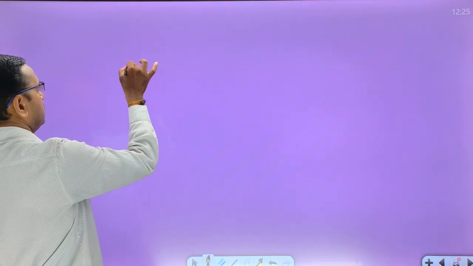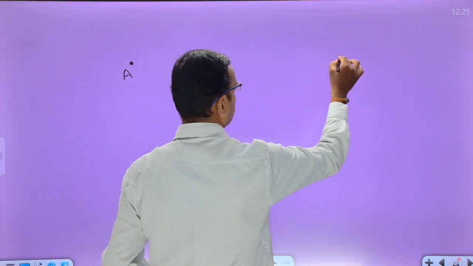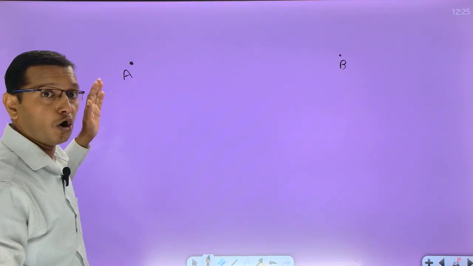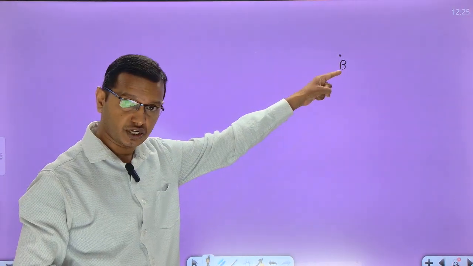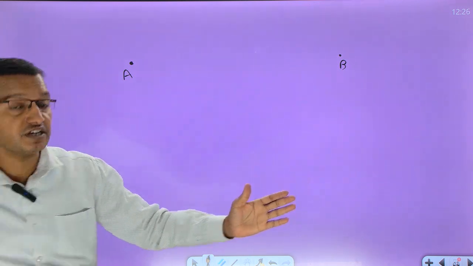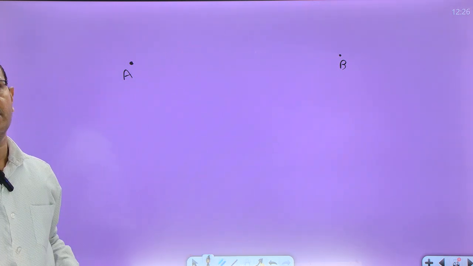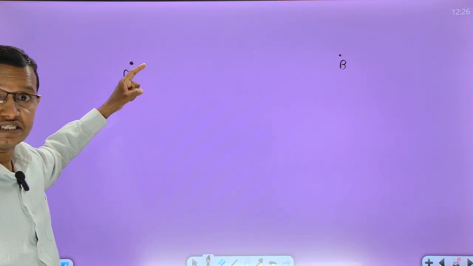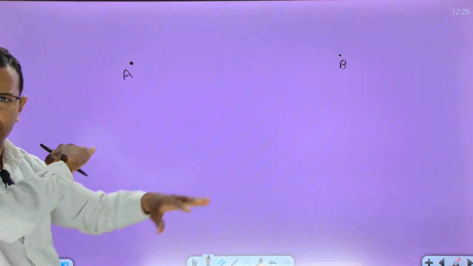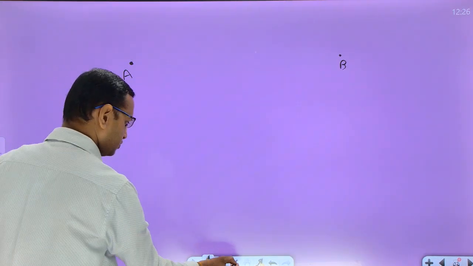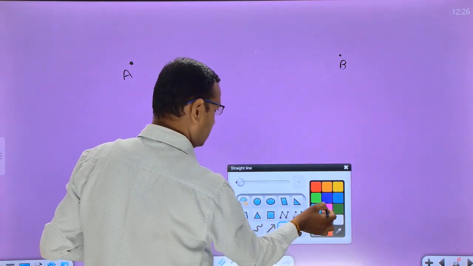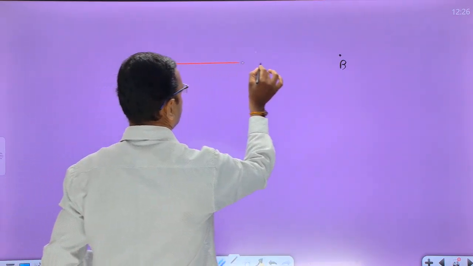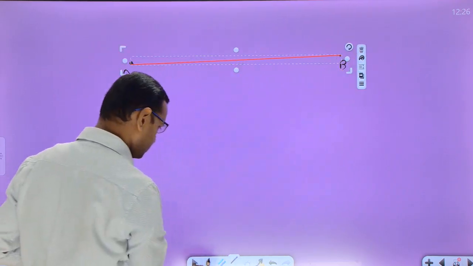Earlier I told you that I am moving from A to B, from source to destination. If the object is moving from source to destination, the question is, in which direction is the object moving? Earlier I told you that the shortest path between A and B is nothing but the straight line distance. This you know from the basics of mathematics.